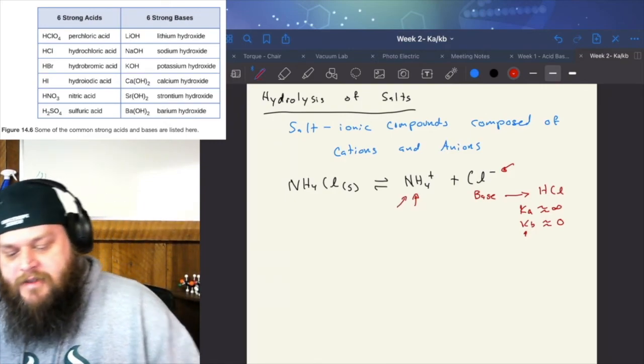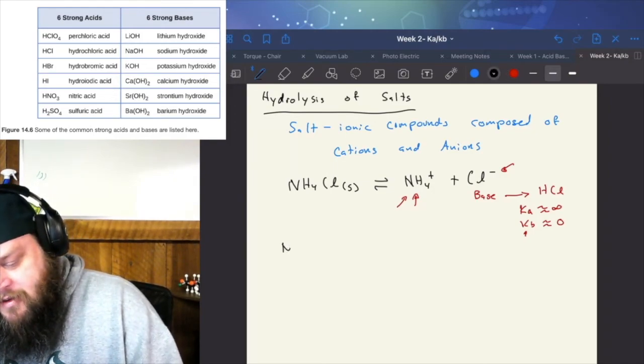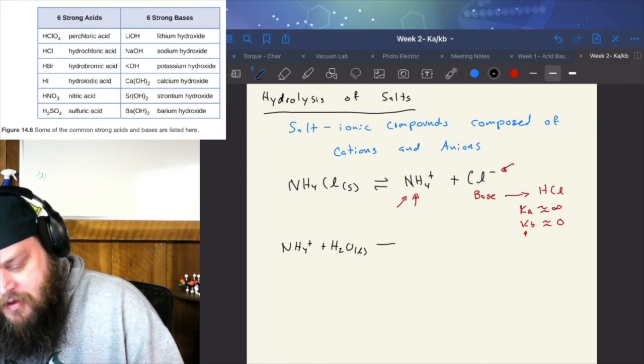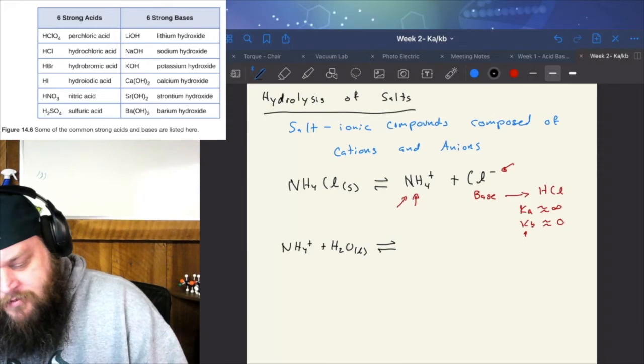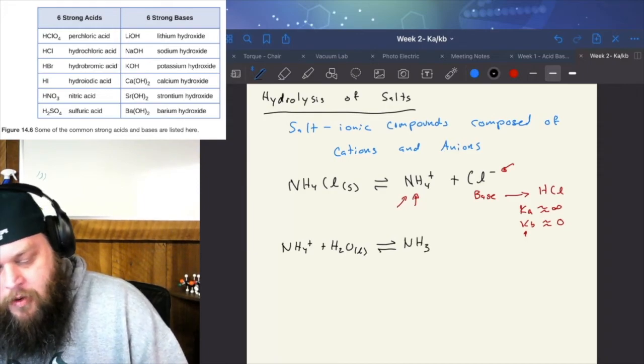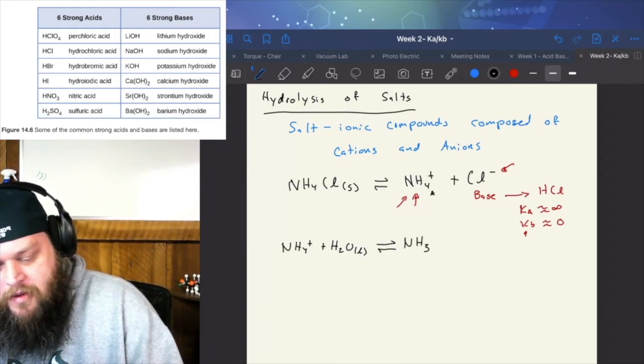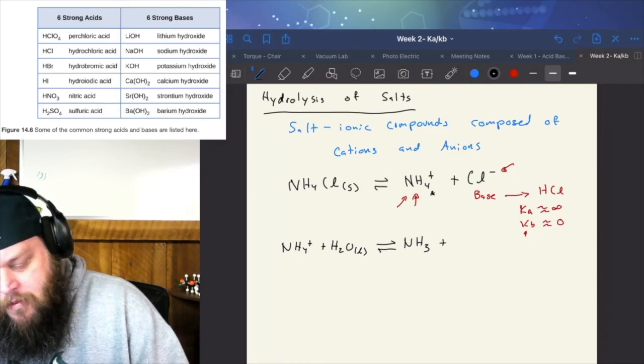It'll act as an acid. So we can write NH4 plus H2O, which is liquid, producing NH3, ammonia, plus H3O plus.